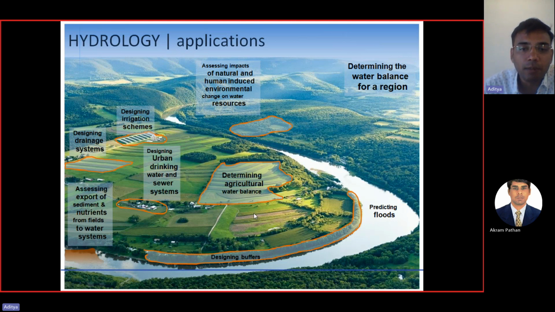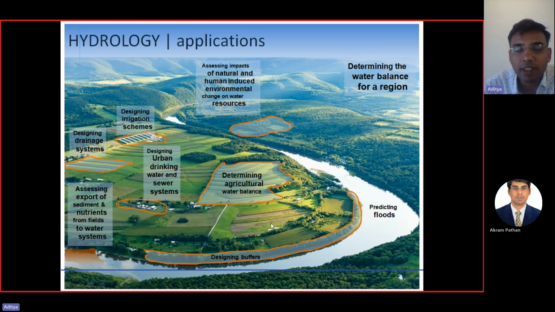Then determining agriculture water balance, which is similar to determining water balance for a region. You just have to incorporate a few more factors, like types of soil. Then assessing the impacts of natural and human-induced environmental change on water resources. For example, if this was earlier an agricultural area and I construct houses and buildings on it, the area becomes impervious.